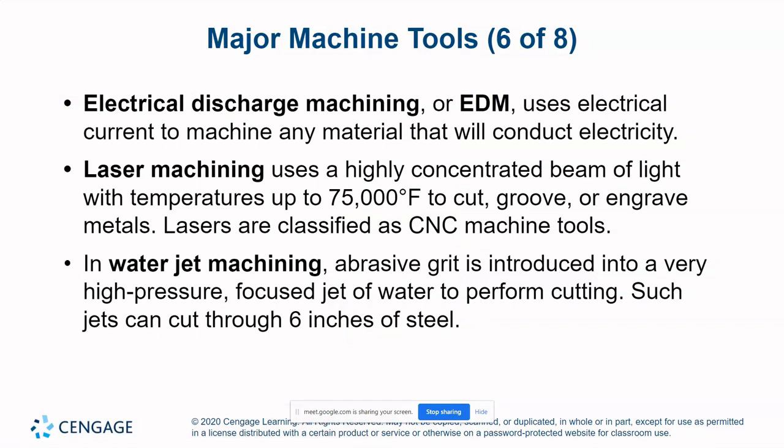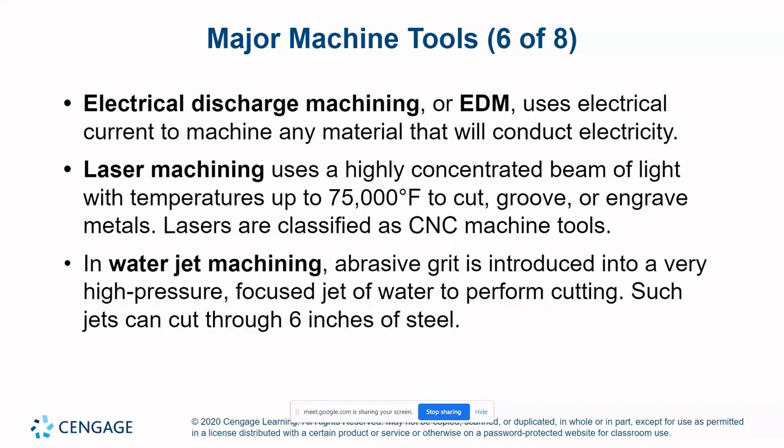So some other types of machining. We have electrical discharge machining, or EDM. This uses an electrical current to machine any material that will conduct electricity. Laser machining uses a highly concentrated beam of light with temperatures up to 75,000 degrees Fahrenheit to cut, groove, or engrave metals. Lasers are classified as CNC machine tools.